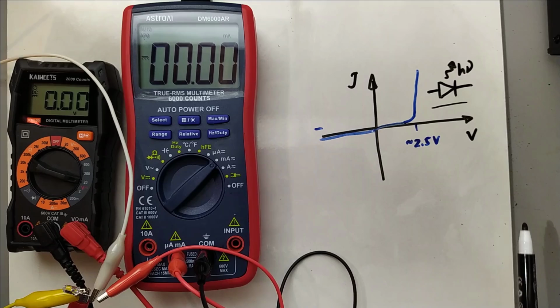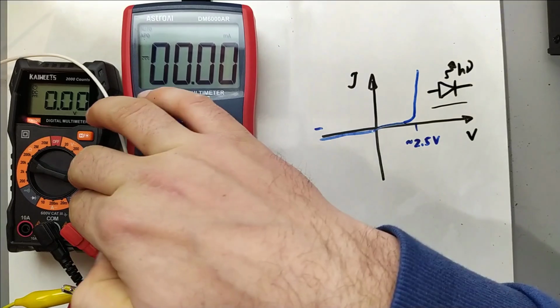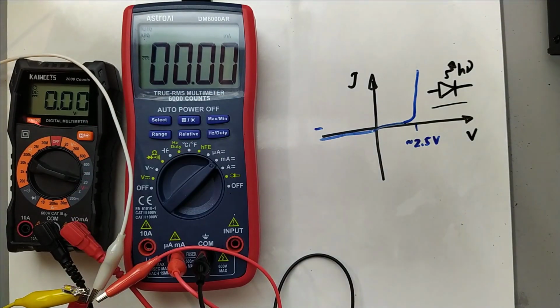So this is a very simple demonstration of how we use a power supply, ampere meter and voltmeter to measure current voltage characteristic and get some real data from objects of our investigation in terms of electrical properties.